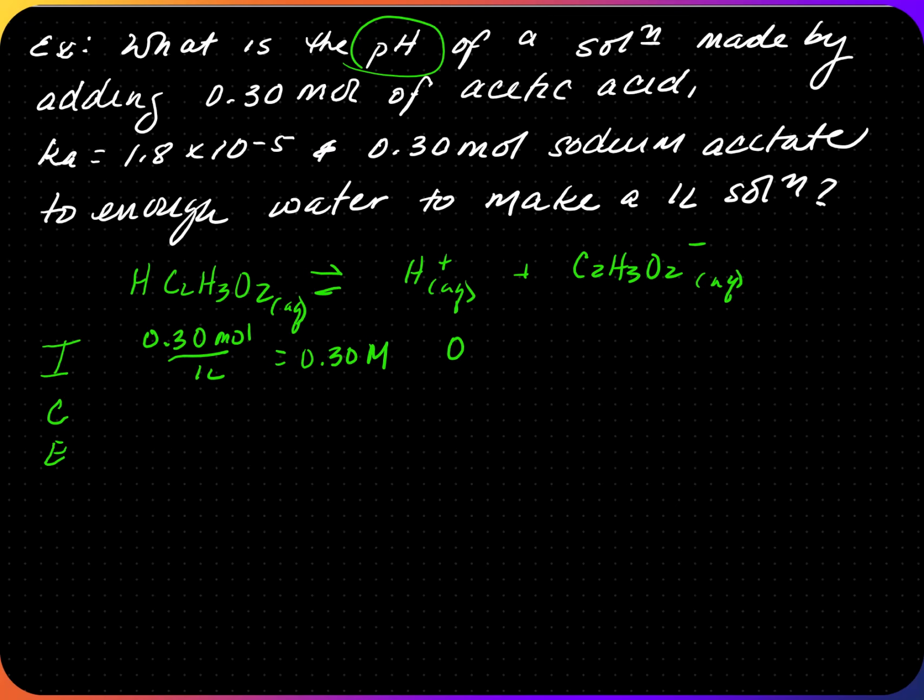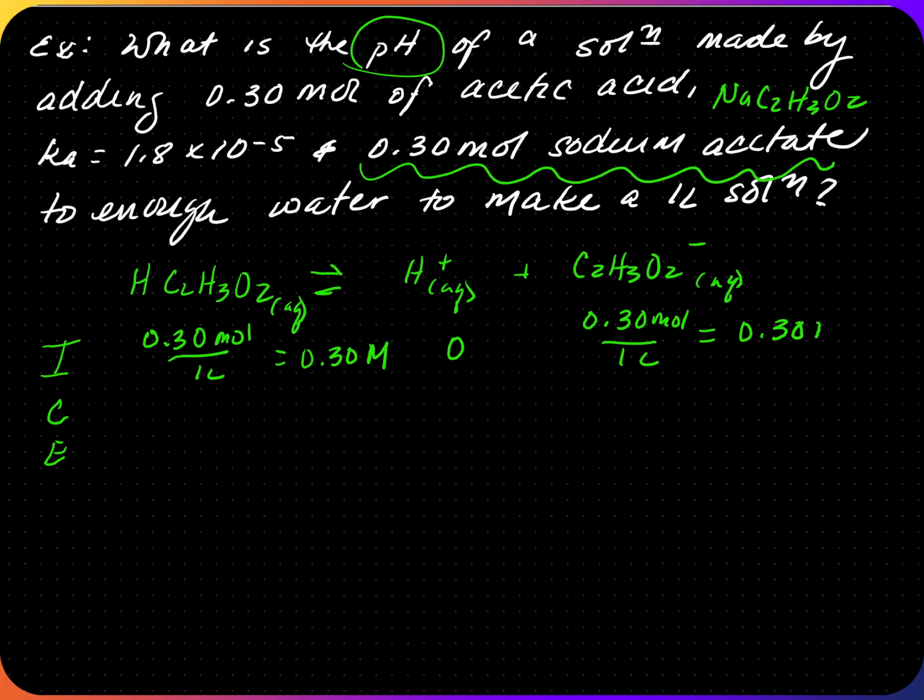However, my concentration of C2H3O2 minus is not 0, because sodium acetate is added. When I have sodium acetate, this would dissociate into Na plus and C2H3O2 minus. My initial concentration of acetate ion is going to be also 0.30 molar.